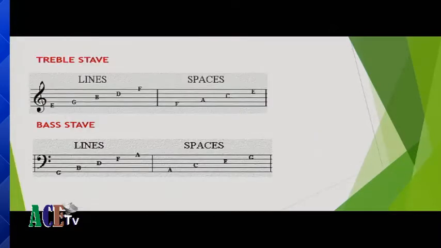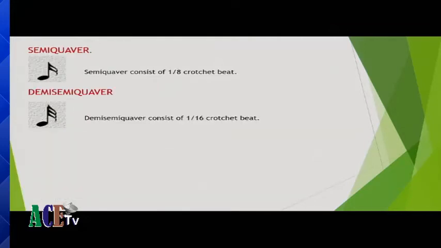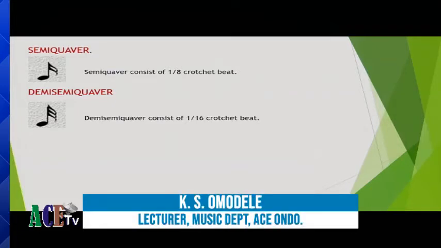When you look at your screen, you can see the various notes we have there, which are the semibreve, the minim, the crotchet, and the quaver. After that, we discussed the semiquaver and the demisemiquaver.